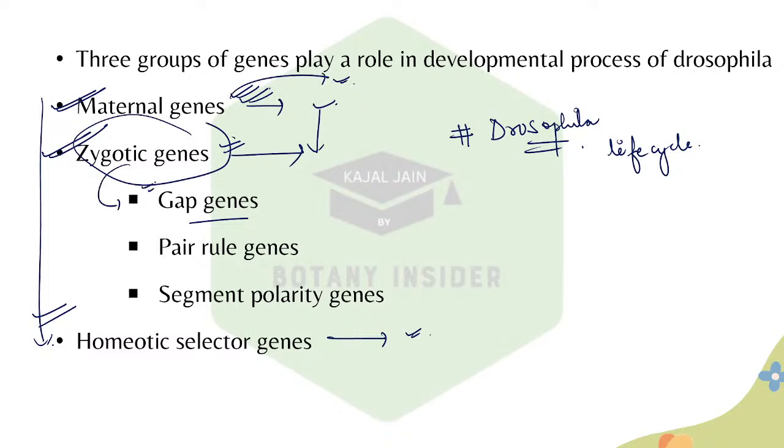In the zygotic genes you have gap genes, pair rule genes, and segment polarity genes, and these three also get activated in a sequence. After this, the homeotic selector genes work. So keep a note of this.